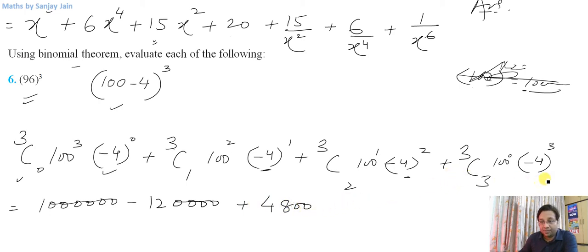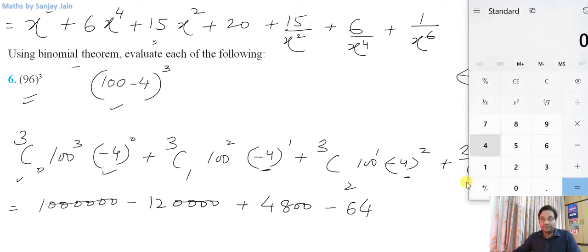And then there is minus 4 raised to third power, so it will give me negative here. 3c3 is 1, 100 raised to power 0 is 1, 4 raised to power 3 is 64, so minus 64. This is the calculation that we need to do.